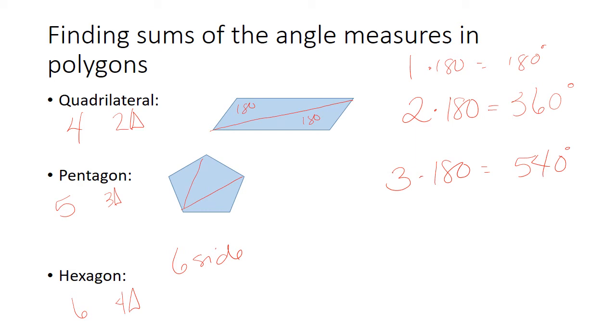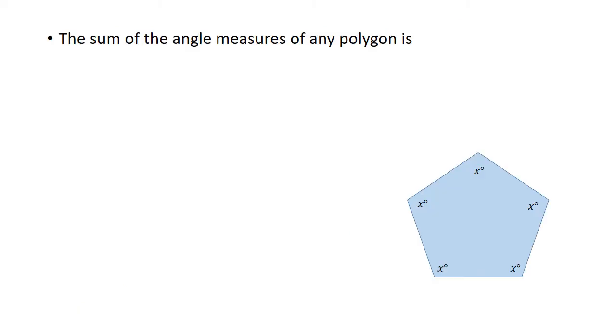So the pattern is you're going to take your n, which is how many sides you have, minus 2, and that is going to give you the number of triangles. And you're going to take that number of triangles and multiply it by 180. That's going to be your pattern. So the sum of the angles of any polygon can be summed up in this formula.